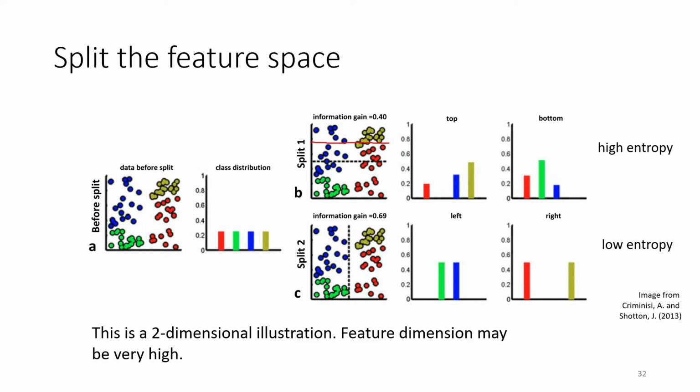If I split it here, then the top and the bottom distributions will be different. If I split here, then it will be another different case. So the value of the split is a parameter you need to tune, or learn, to train. Okay, there's another way to split it.